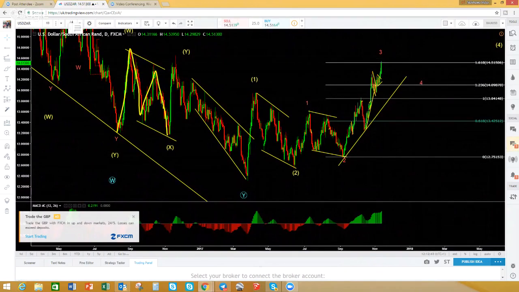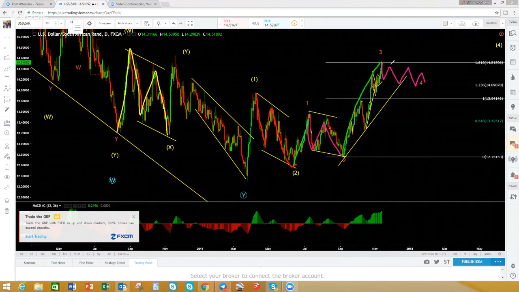We're anticipating that we're going to get a pink correction here. This is the pink correction. This one is the red. 1, 2, 3. Came off. Green lower.